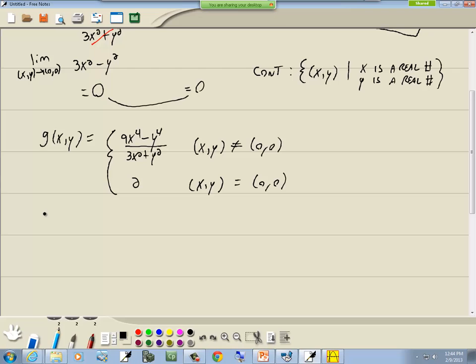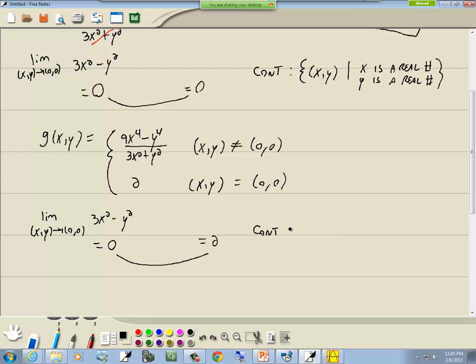Well, remember we looked at the limit of the top part, and that was the limit as xy goes to 0, 0 of 3x squared minus y squared, and we said that was equal to 0. Well, if we look at our second piece here, that's 2, isn't it? These don't match, which means it's discontinuous at that point.